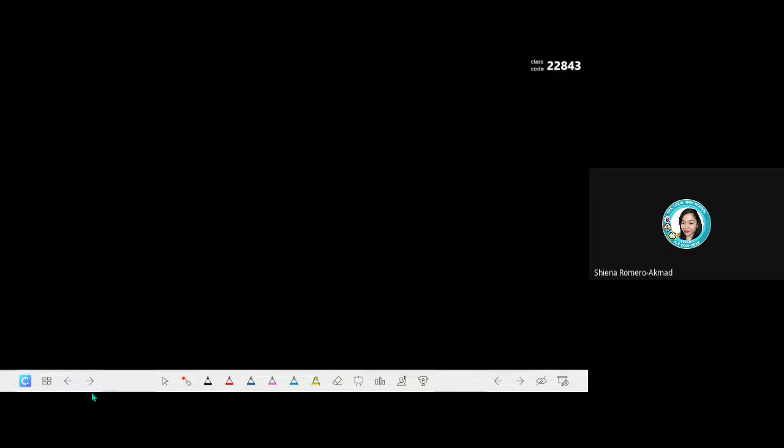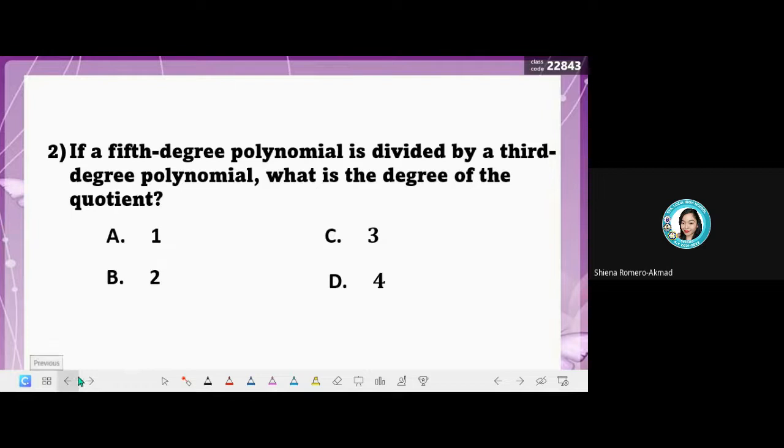Now let us have number 2. So si number 2 naman, ang sabi niya, meron kang 5th degree polynomial. So ibig sabihin, isa sa mga terms nito is may variable x at yung variable x na yon merong exponent 5. Yung isa naman is variable x, ang highest exponent niya ay 3.